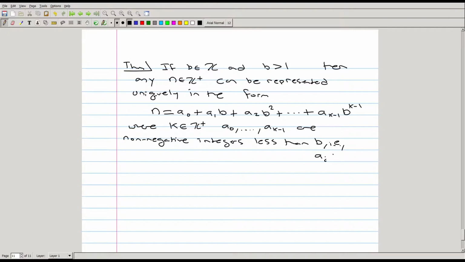Each a_i is strictly less than b and is greater than or equal to 0.